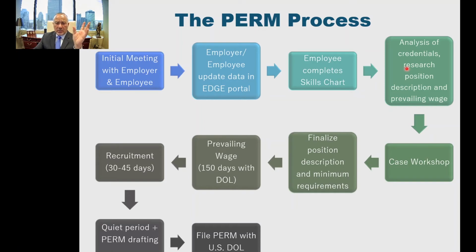An accounting clerk that does the payables and receivables. We cannot ask for a PhD in accounting. That is unacceptable. It's unreasonable. So that's my job, is to analyze the credentials, research the position description, make sure that the minimum requirements are reasonable, and the prevailing wage is also something that the employer will accept in the future.